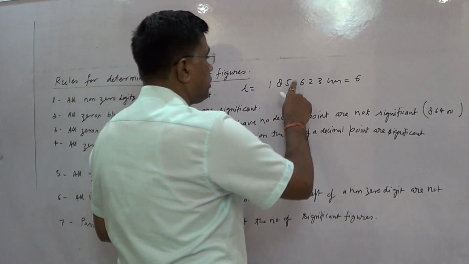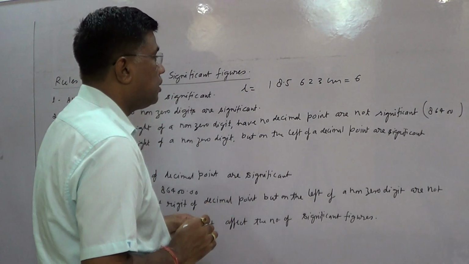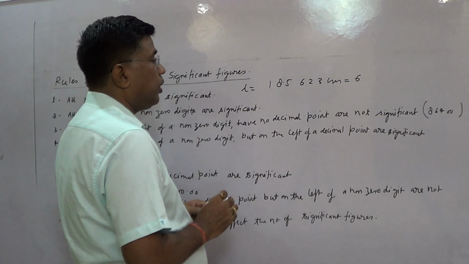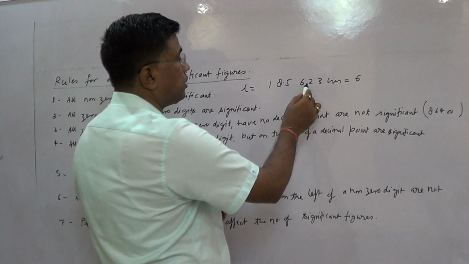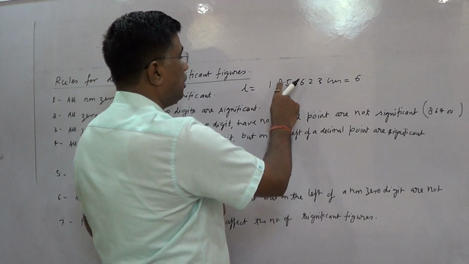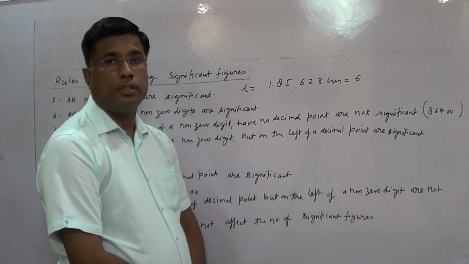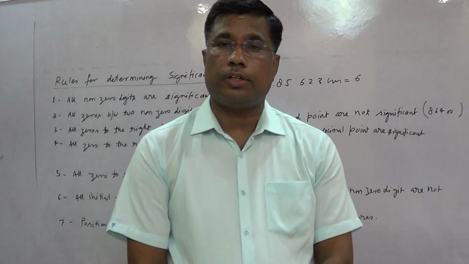Students, if we write it like 18.563 centimeter, then it also has 6 significant figures. If I write 1.85623 centimeter, then it also has 6 significant figures.